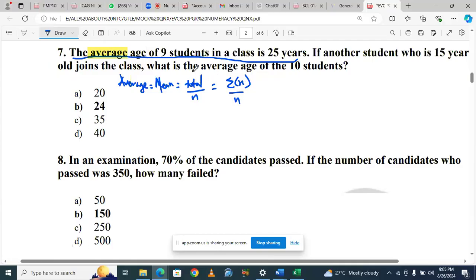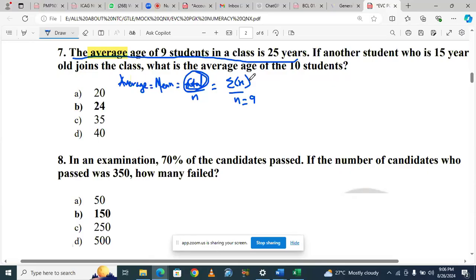And sigma x simply means the total. So if the average of 9 students, it means that this n is 9. Are you following? But the total, we don't know.